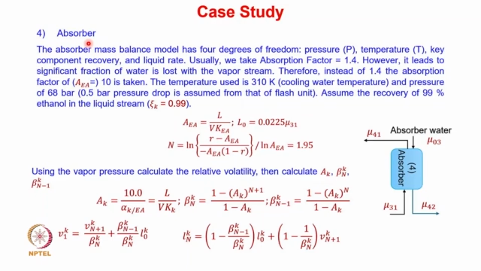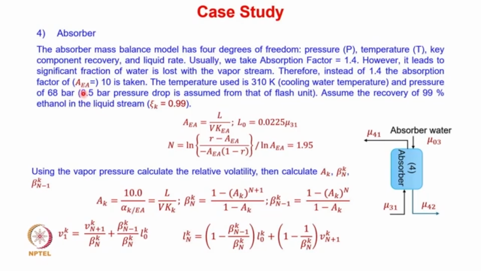Because of that, we want a higher liquid rate. So instead of 1.4, we can use an absorption factor of 10, which gives a sufficient liquid rate. Even though some liquid vaporizes along with the vapor, that fraction will be reasonably small compared to the total liquid rate, and therefore we can assume that the absorber is at isothermal condition.